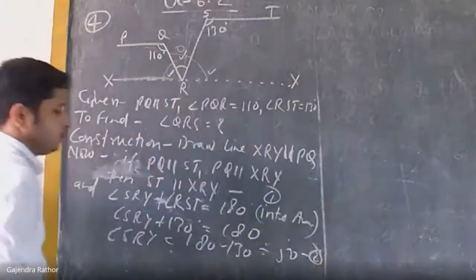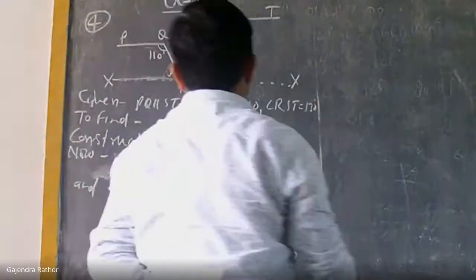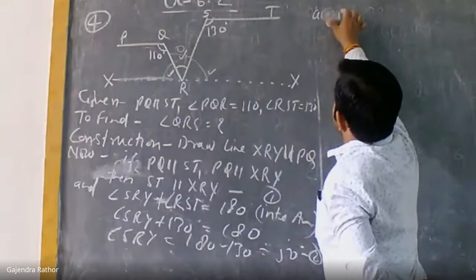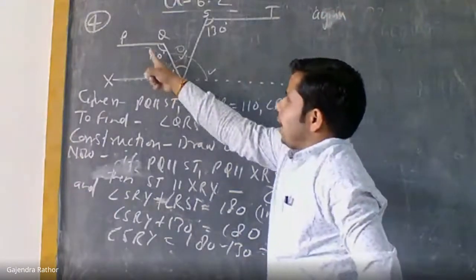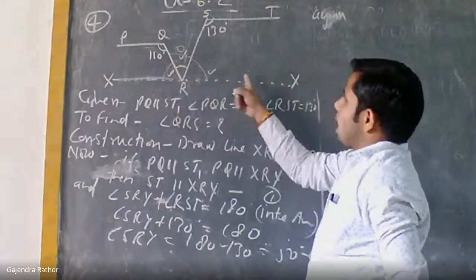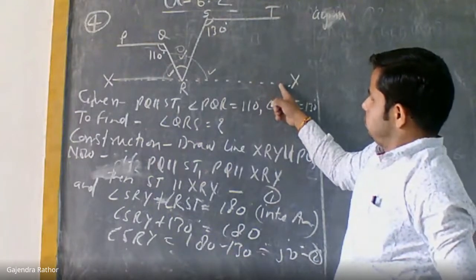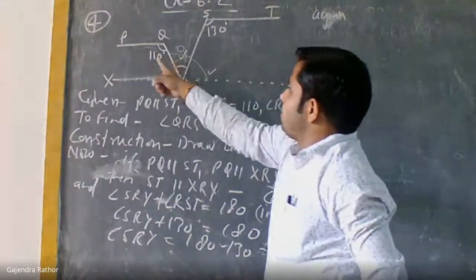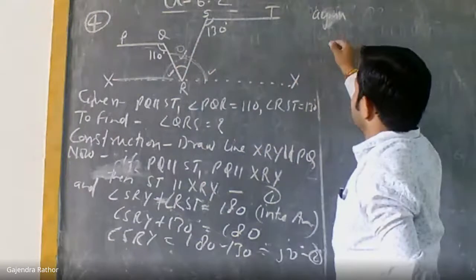Question number second. The next is again angle PQR and QRY. These angles are both equal.